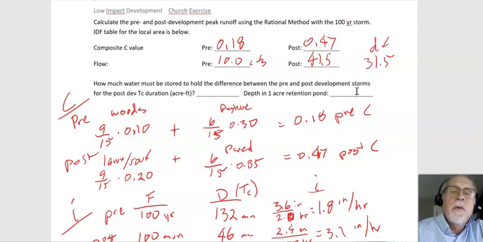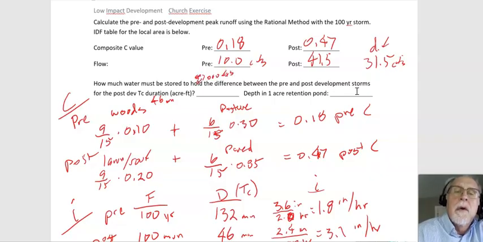So for that 46 minutes of the post-development design storm, if we multiply 31.5 cubic feet per second times 46 minutes, we come up with 87,000 cubic feet, which is right about 2 acre-feet.